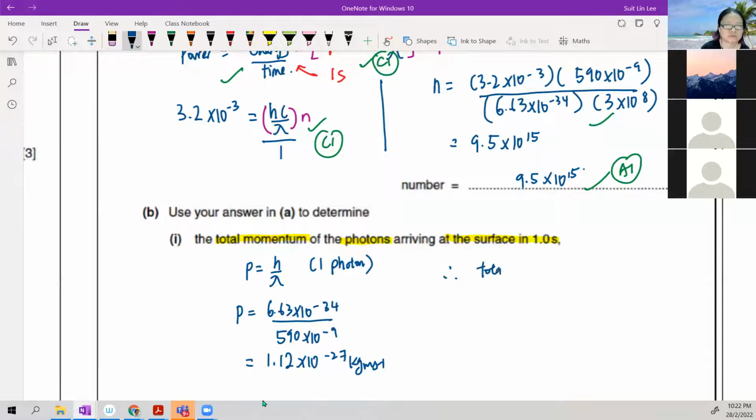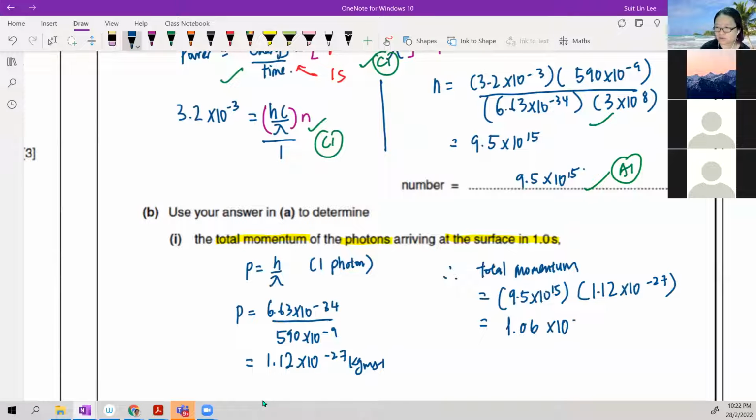Hence, total momentum will be equal to 9.5 times 10 to the power of 15 multiplied by your 1.12 times 10 to the power of negative 27. So n photon, and that would get you 1.06 times 10 to the power of negative 11 kg m s negative 1.